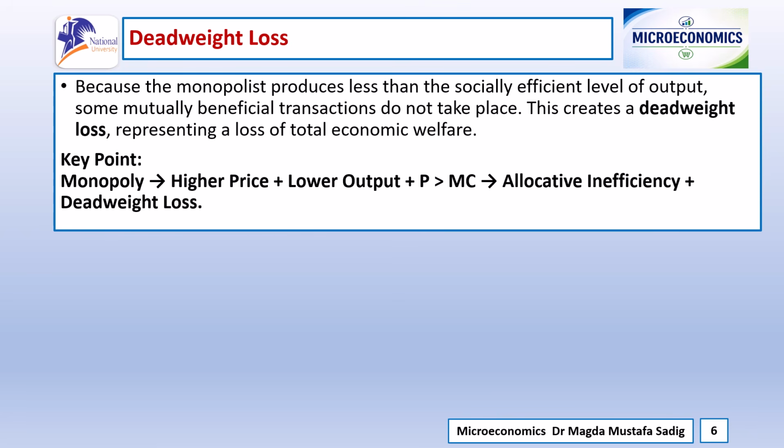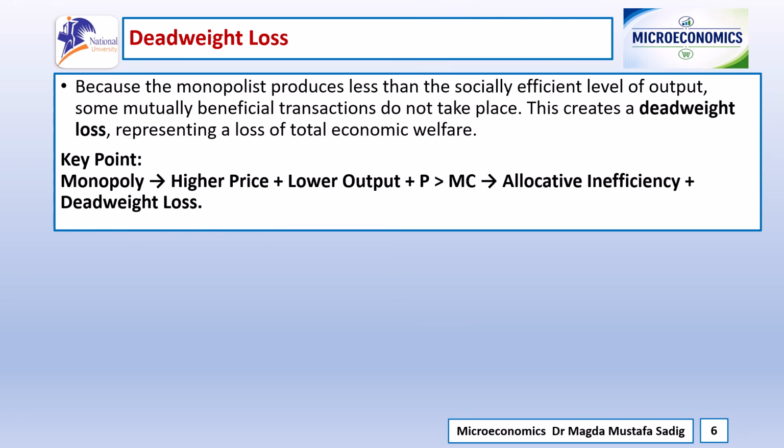The monopolist chooses output according to marginal revenue equals marginal cost. This results in a lower quantity than the efficient level described in the lecture. Because the monopoly quantity is lower, some transactions between the monopoly quantity and the socially efficient quantity do not occur. These are the transactions associated with the loss of economic welfare.